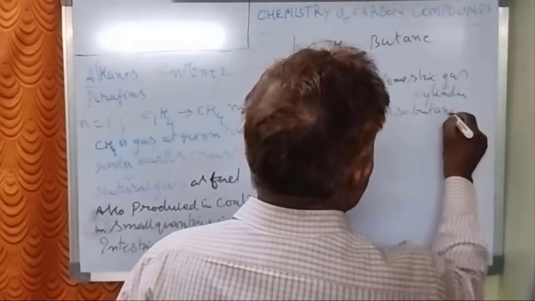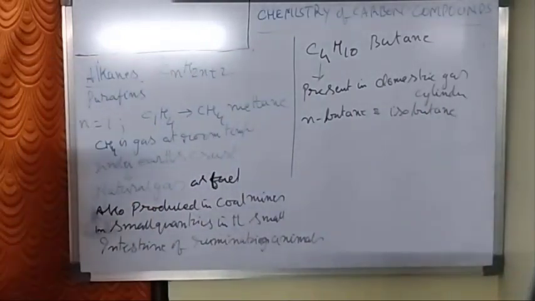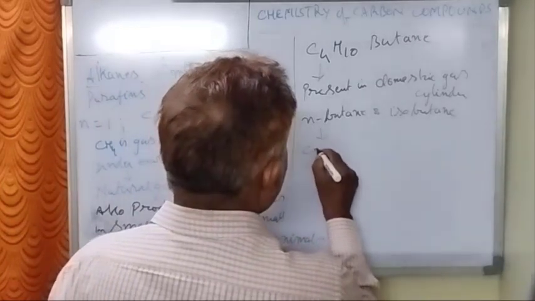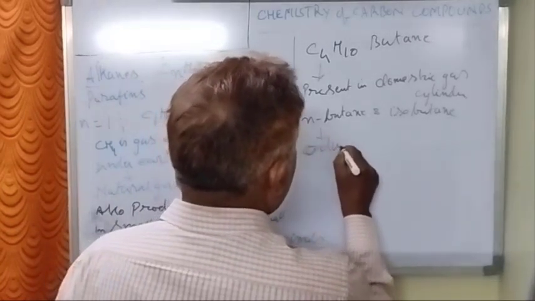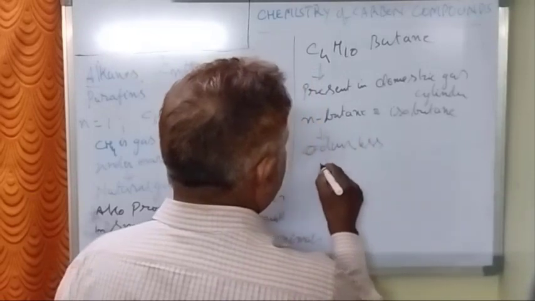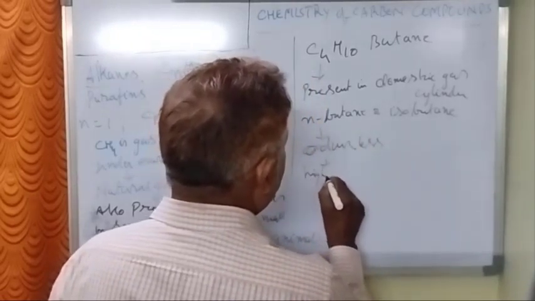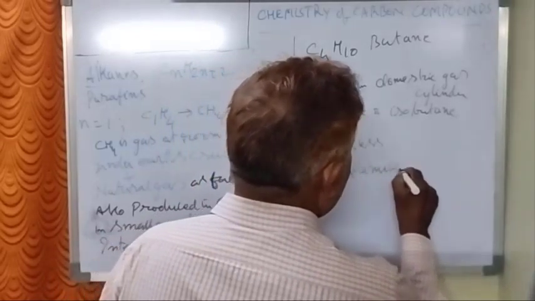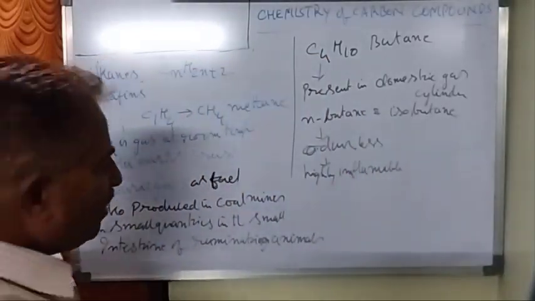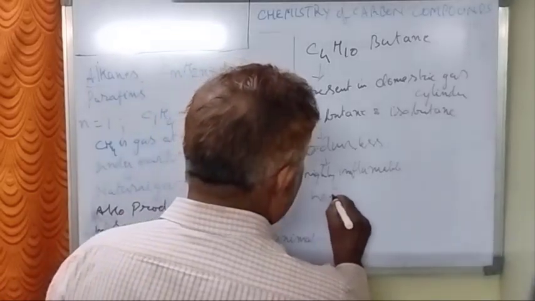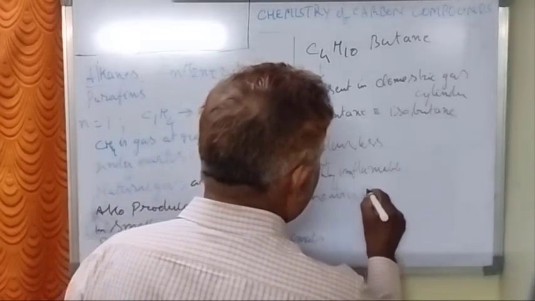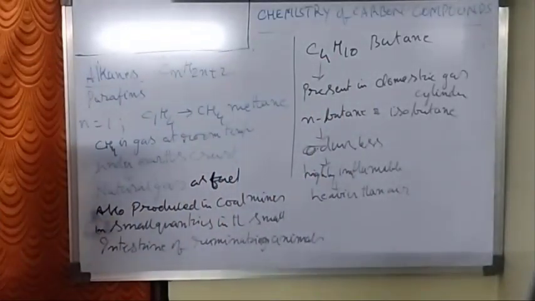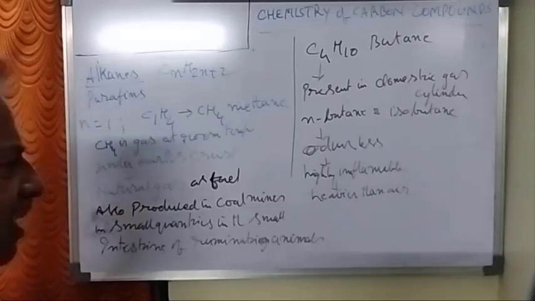A mixture of n-butane and isobutane is present in domestic gas cylinders for cooking purposes. This butane is a colorless, odorless gas, highly inflammable, it catches fire very easily, and it is heavier than air.